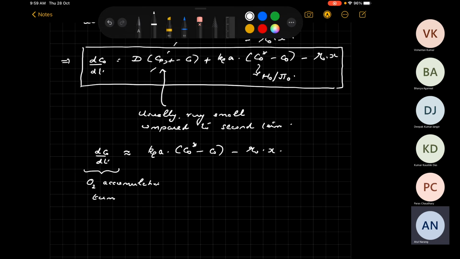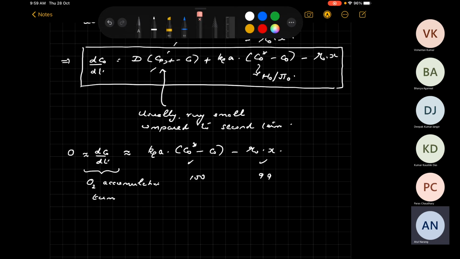Because the solubility of oxygen is very small, this term is typically quite small compared to the other two terms. For example, this might be 100, this might be 99, and this term might be equal to 1. So you do not lose much accuracy by saying that this term is essentially equal to 0.